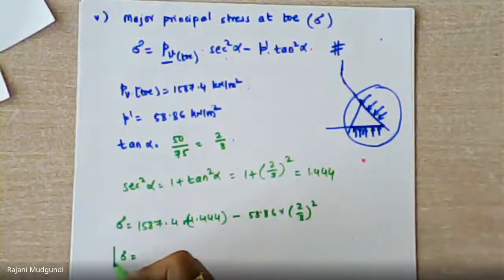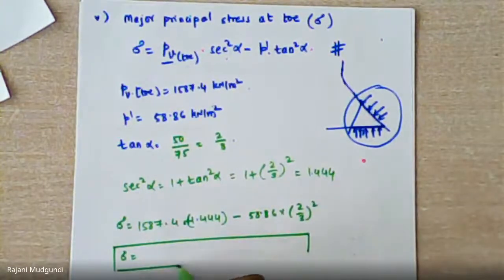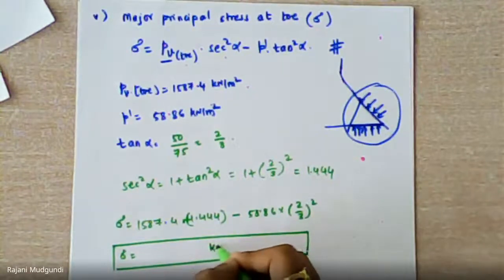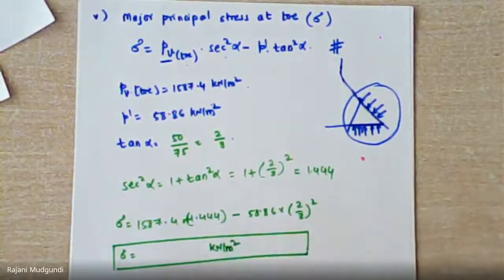Now write down the value of sigma. As this is stress, it will have unit kilonewton per meter square.